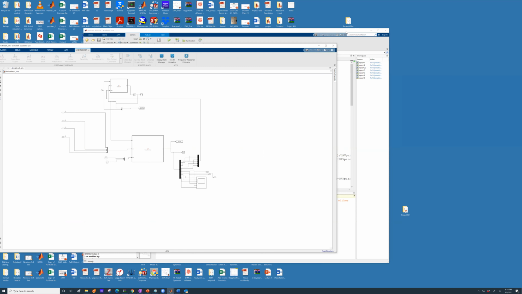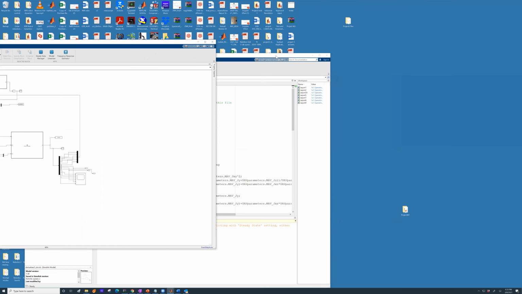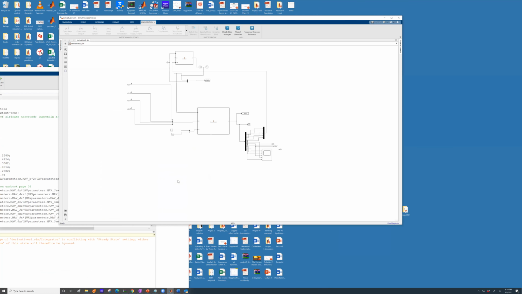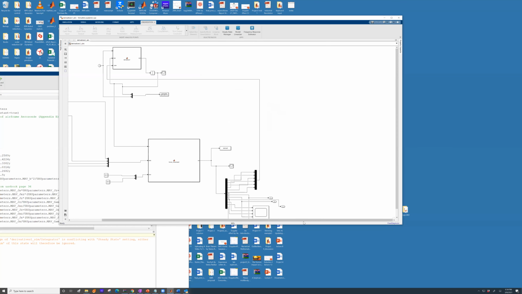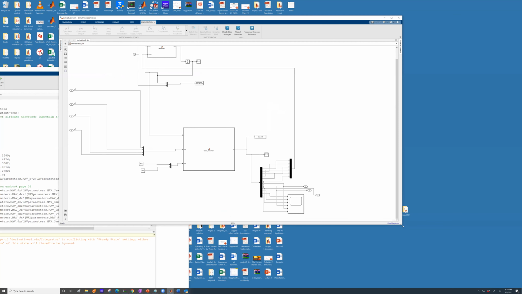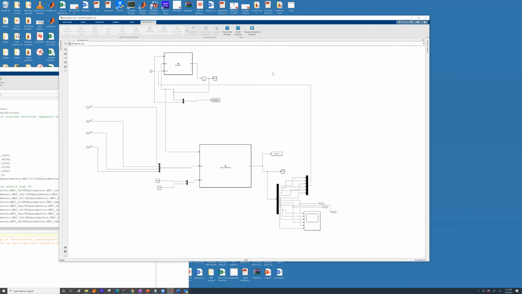Let me open the chat window. Okay, here is my chat window, and here is my Matlab file. I just want to make sure that this is the exact same file that I shared in the last class, the same file that we have been working with.